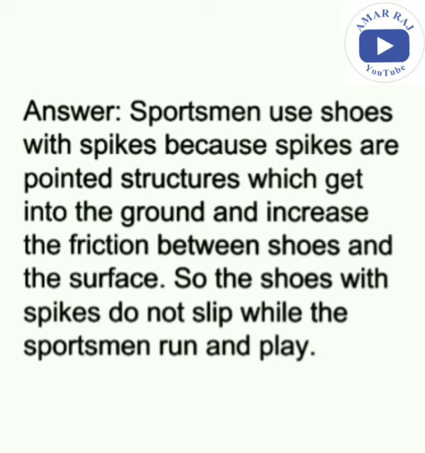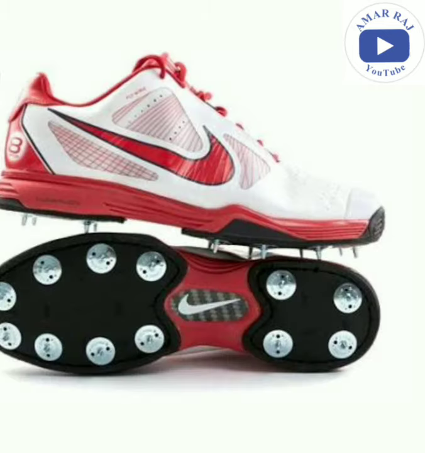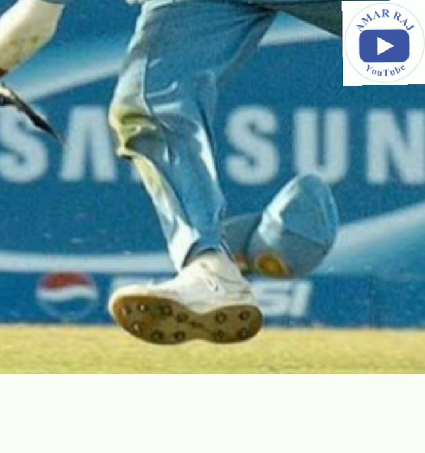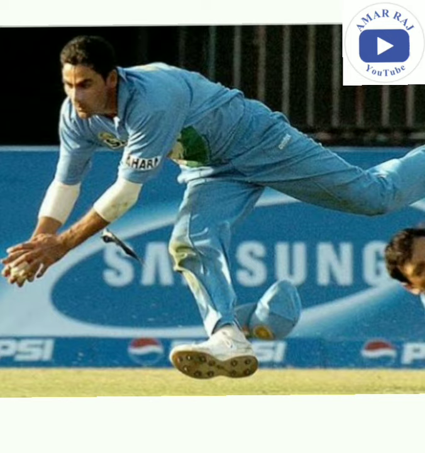Sportsmen use shoes with spikes because spikes are pointed structures like nails which get into the ground and increase the friction between shoes and the surface. So the shoes with spikes do not slip while the sportsmen run and play. So students, shoes with spikes help the sportsman get a better grip of their shoes on the ground.